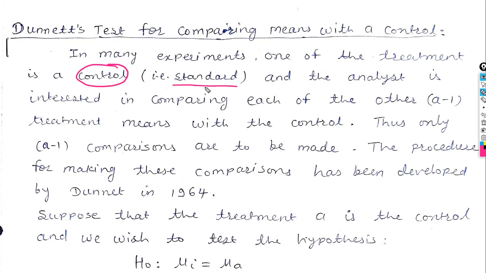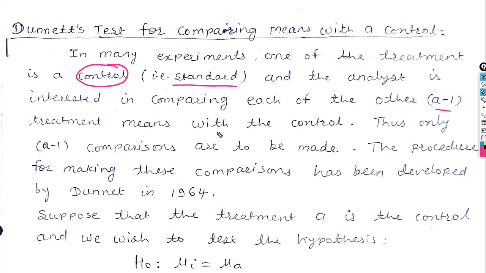In many experiments, one of the treatments is standard and we want to compare the other treatments with that treatment, and the analyst is interested in comparing each of the other a minus 1 treatments. Suppose there are a treatments and one of them is control, then we want to compare the other a minus 1 treatments with the control treatment.